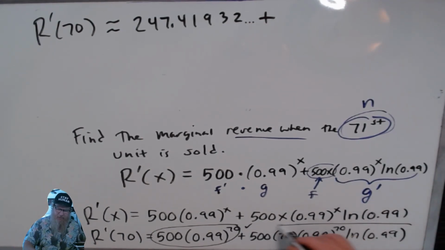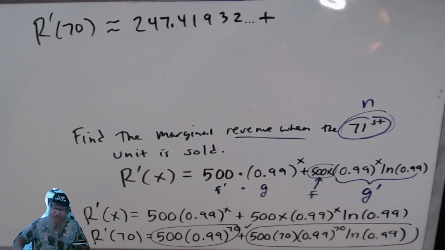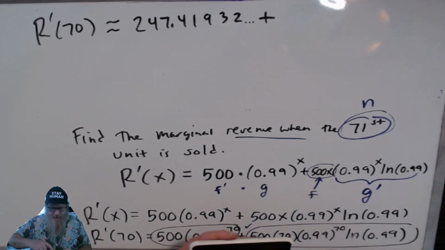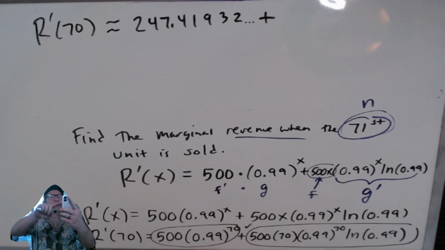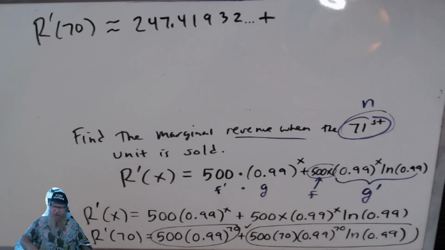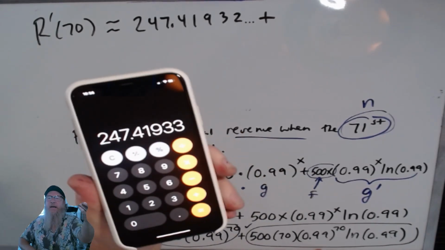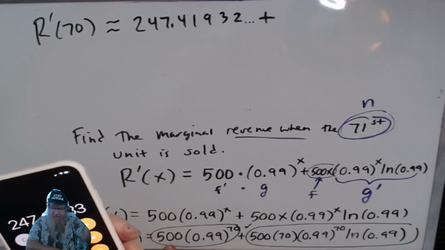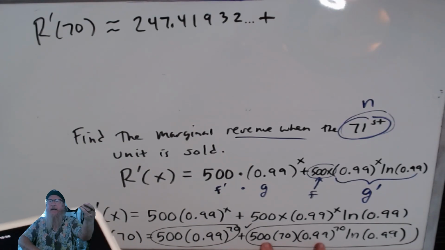So now let's do this one. This one's going to be a little trickier. Well, let's keep what we have. Now remember, what you have on your screen represents the 500 and the 0.99 to the 70th, those two.